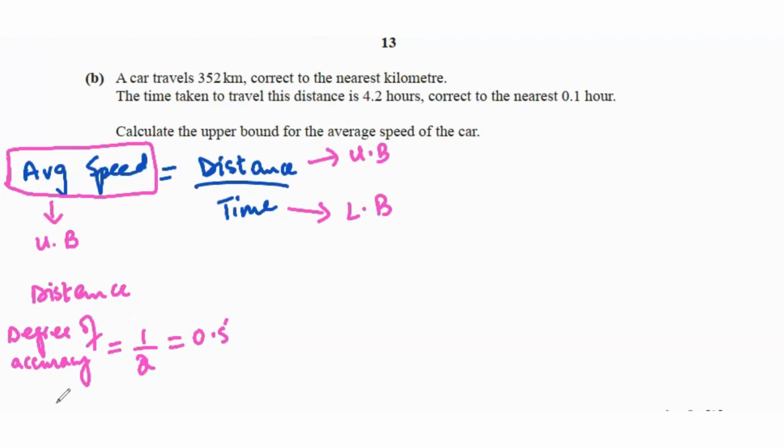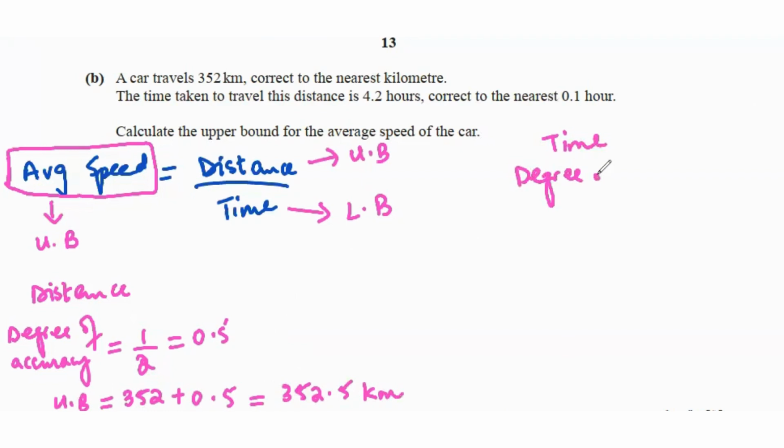So your upper bound of distance is going to be 352 plus 0.5, which is 352.5 kilometers. Then for your time, your degree of accuracy is going to be 0.1 divided by 2, which is going to give us 0.05 hours.